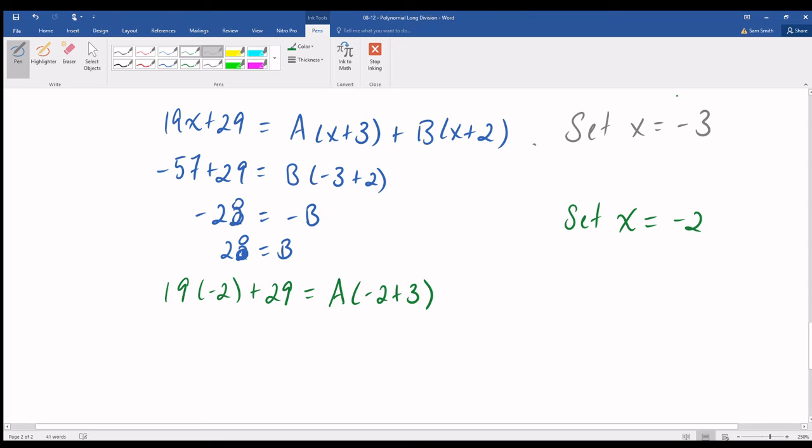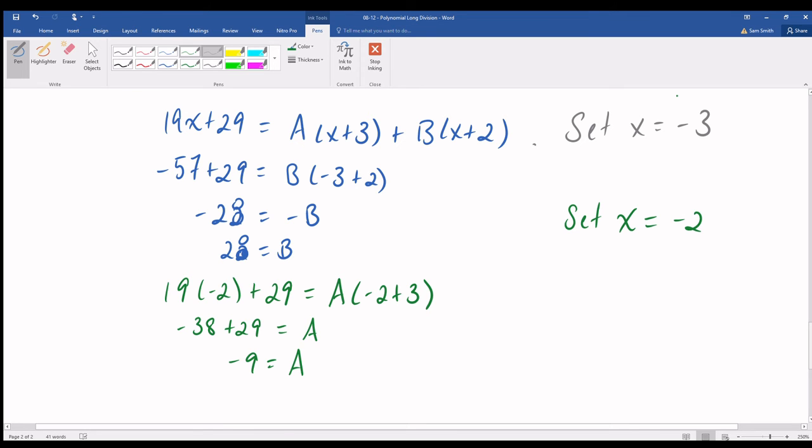And again, the B term vanishes since it is multiplied by negative 2 plus 2, which is 0. So I get negative 38 plus 29 is equal to A times 1. In this case, negative 38 plus 29 is equal to negative 9. So negative 9 is equal to A.